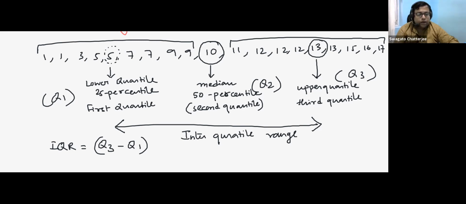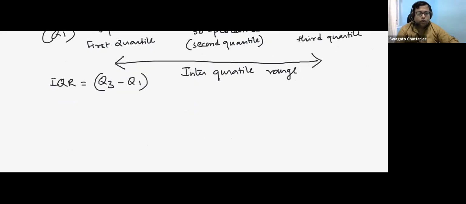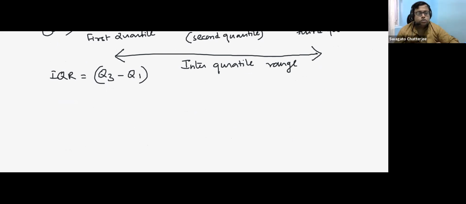Now, why do we use this? There is a term somebody used called outlier. We use this term in this context. Using the mean and standard deviation, or using the median and interquartile range, we can define outliers. Outliers means something which is not exactly in sync with the data.